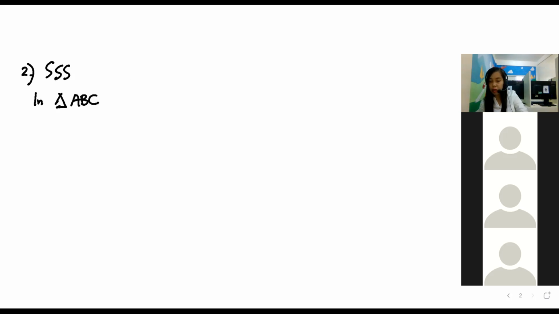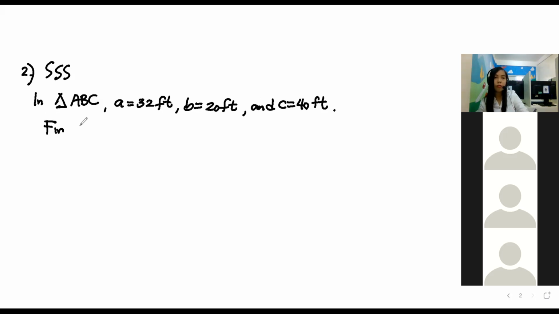Triangle ABC. A is 32 feet. B is 20 feet. And C is 40 feet. Find angle B. All right.